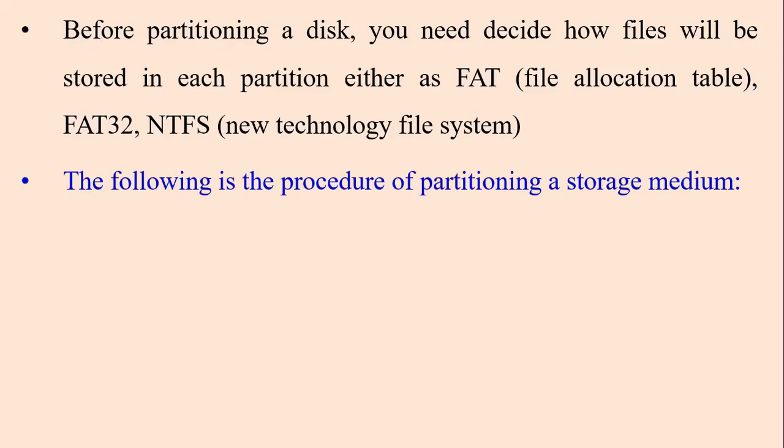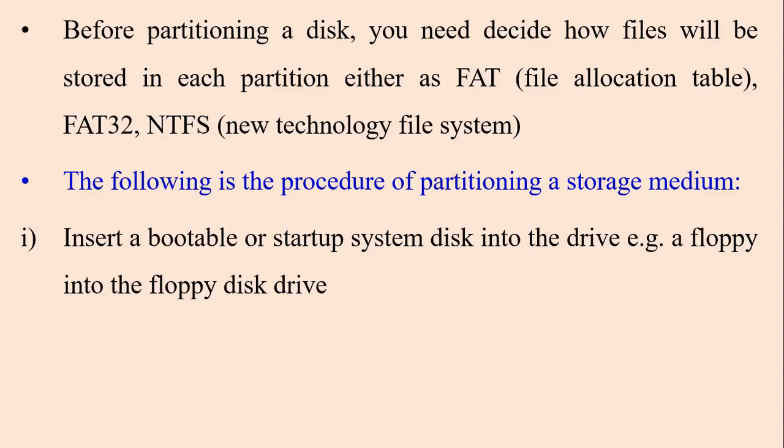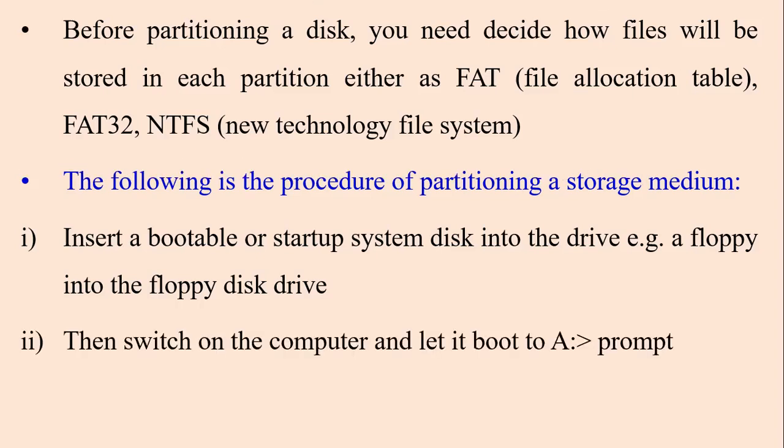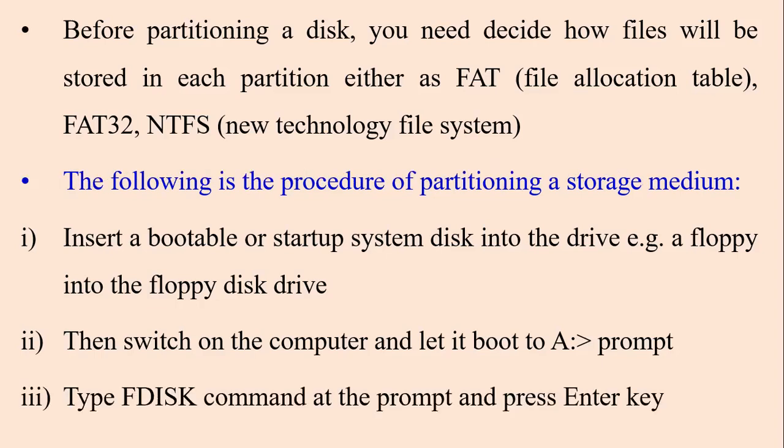The following is the procedure of partitioning a storage medium. Number 1, insert a bootable or startup system disk into the drive, for example, a bootable floppy disk into the floppy disk drive. Then switch on the computer and let it boot from that drive, for example, A:\ prompt, that is floppy disk prompt. Then type the fdisk command at the prompt and press Enter.